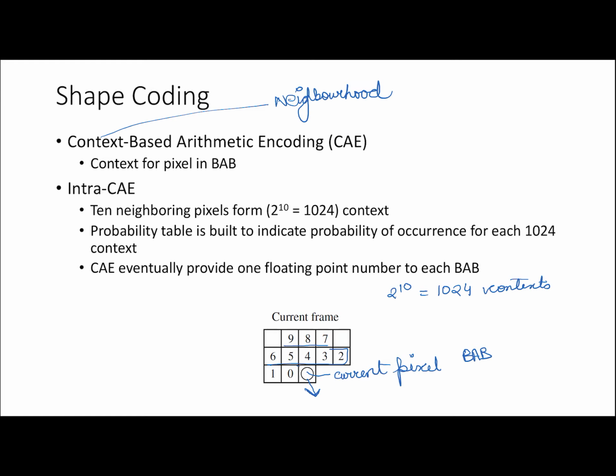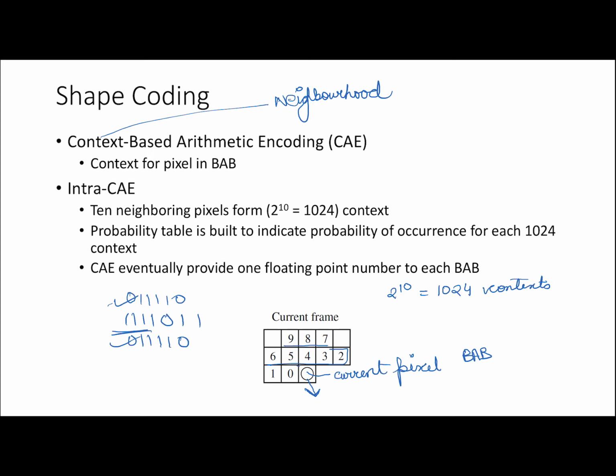With some prior statistics, a probability table can be built to indicate the probability of occurrence of each of these 1024 contexts. Suppose, it's just an example, one context is this, and another context can be this. So this context appears more frequently as compared to this one.